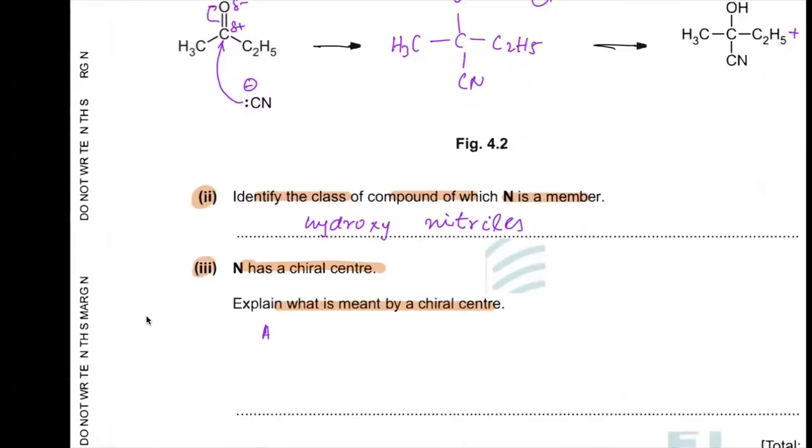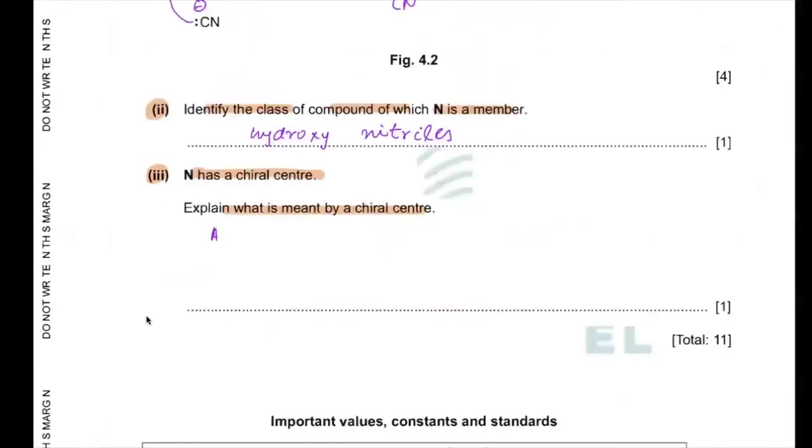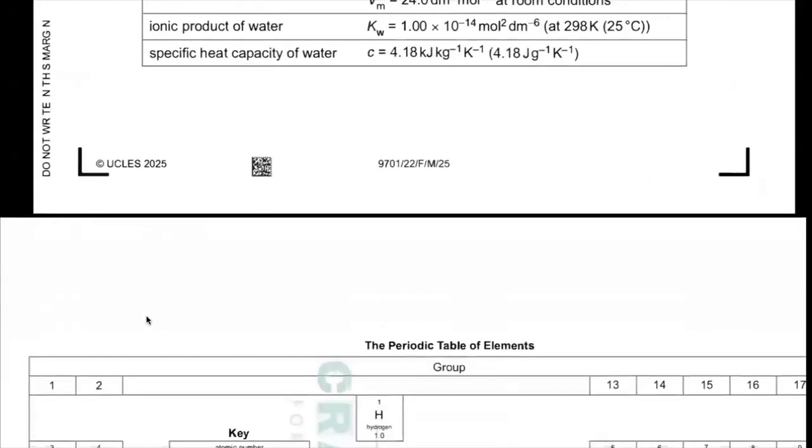So a carbon which is bonded to 4 different groups. Any carbon which is bonded to 4 different groups is called a chiral carbon.